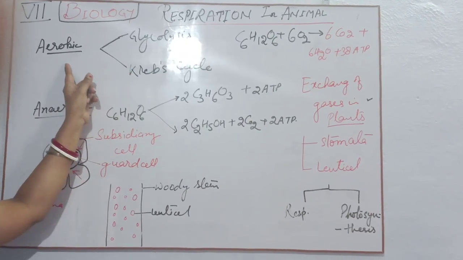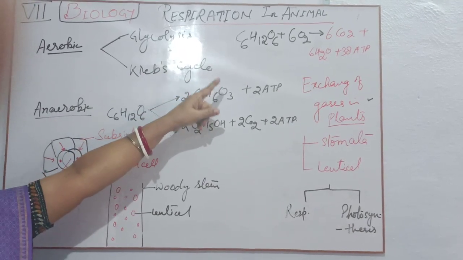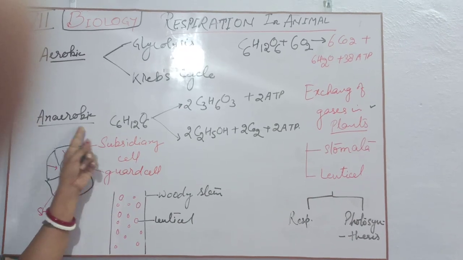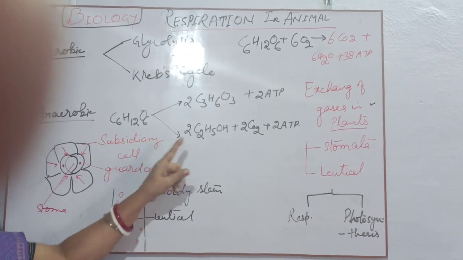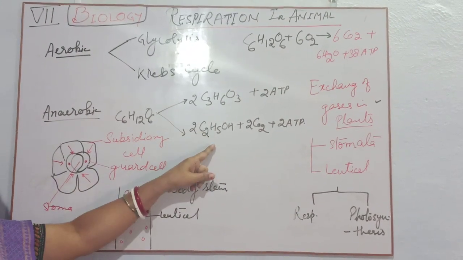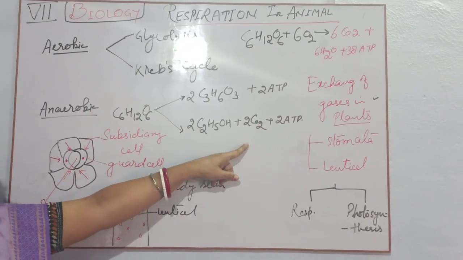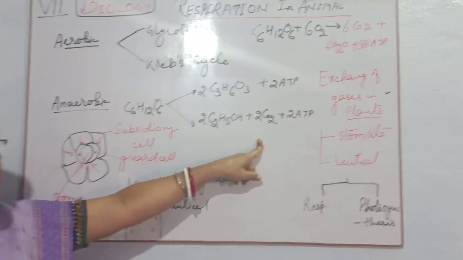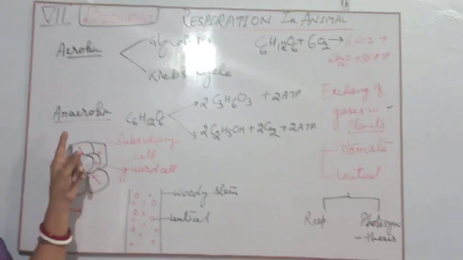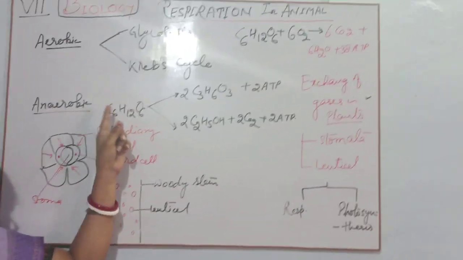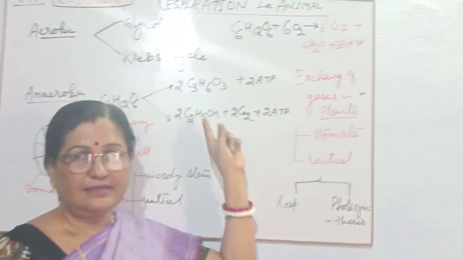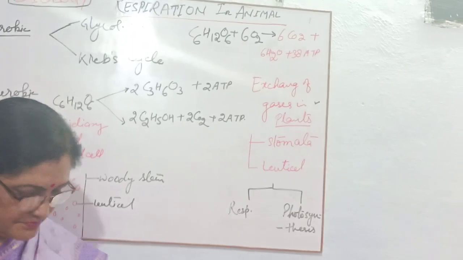Because there is complete oxidation of glucose into carbon dioxide and water. In anaerobic respiration, there is incomplete oxidation of glucose, leading to either lactic acid or ethyl alcohol, and they form 2 molecules of ATP. So these are the differences. Children, you can write on your own the differences between aerobic and anaerobic respiration.